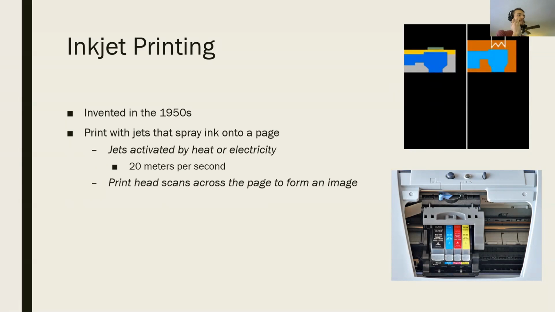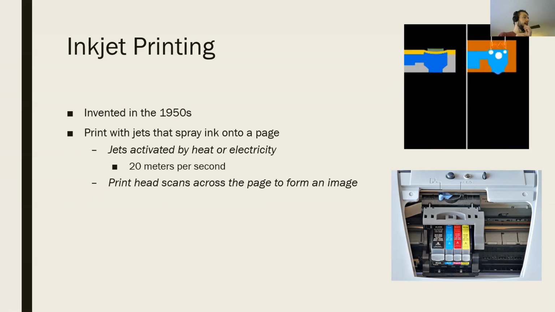And so what happens is usually a computer will apply a series of electrical pulses to this print head. And the print head will scan across the page as it prints.